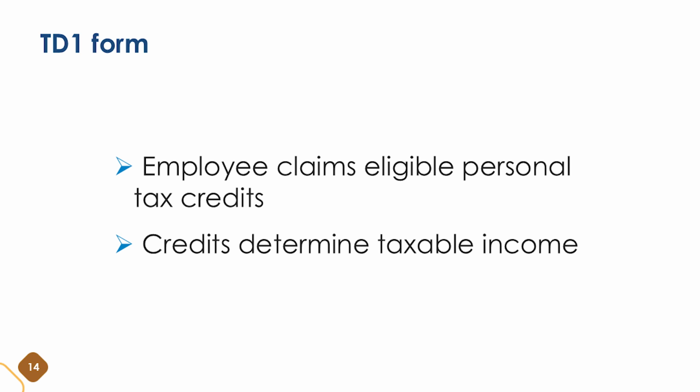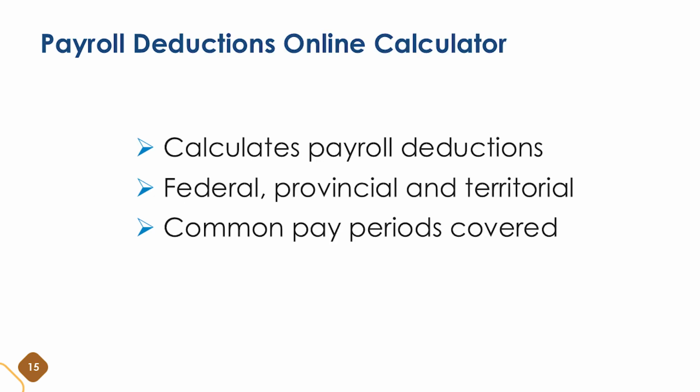You should review forms to try to ensure they do not contain any obviously false or deceptive information. If you think that the TD1 has false information, you must deduct taxes after allowing the basic personal amount only. Use the Payroll Deductions Online Calculator to easily calculate federal, provincial, except for Quebec, and territorial payroll deductions.